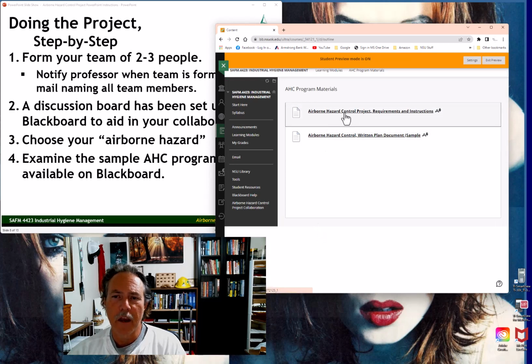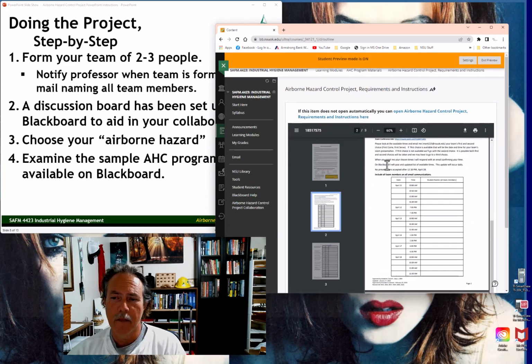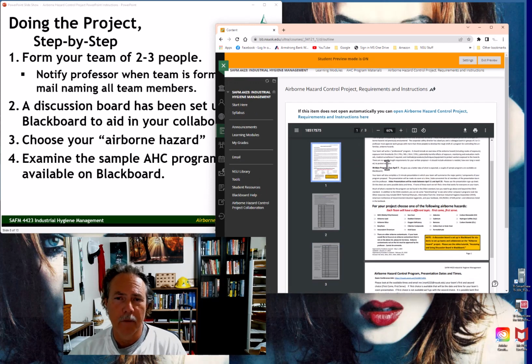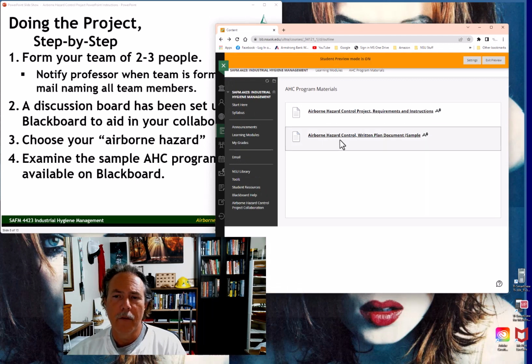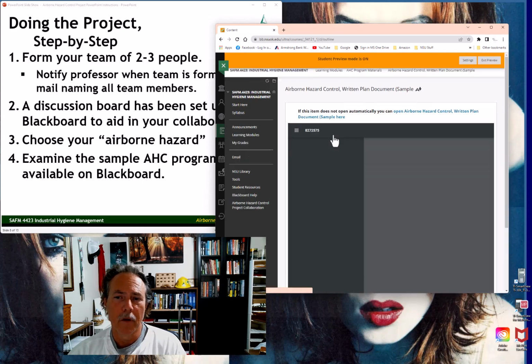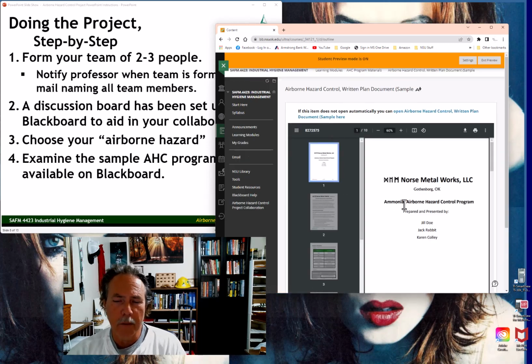Then you will see the Airborne Hazard Control Project Requirements and Instructions. That's the document that I've had up throughout most of this presentation. Then the other document that's available at this time in this folder will be the sample program. And notice it's only 10 pages.